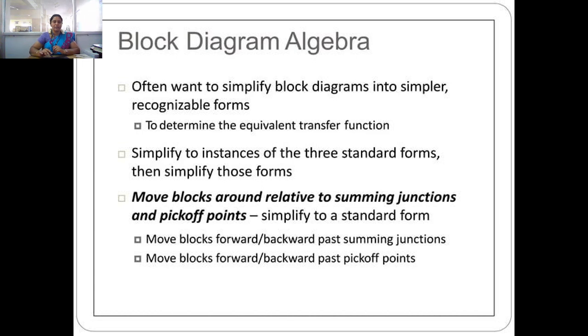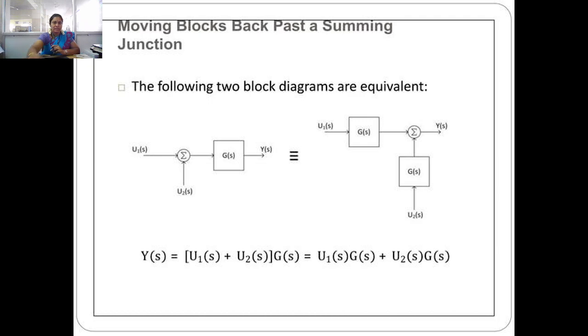And this is your block diagram algebra. There are three standard forms: cascade connections, parallel connections. And next one is the summing point, that is, we have to change the summing point value so that the two block diagrams are equivalent. Here U1(s), U2(s) and G(s).